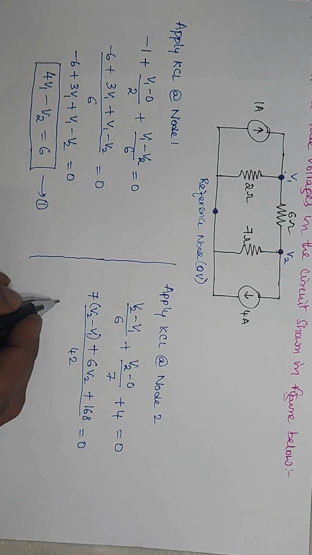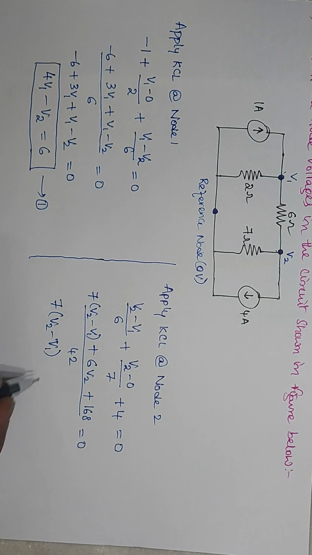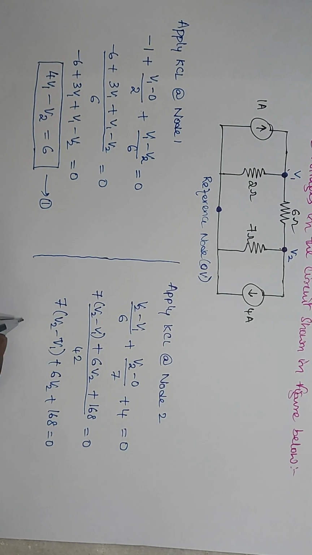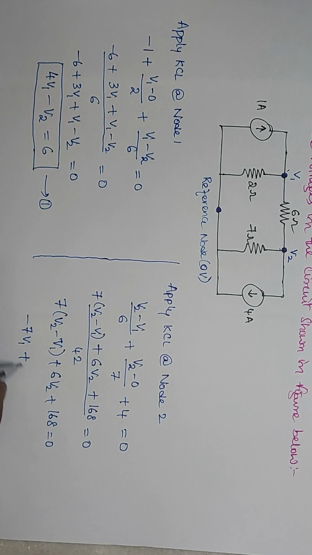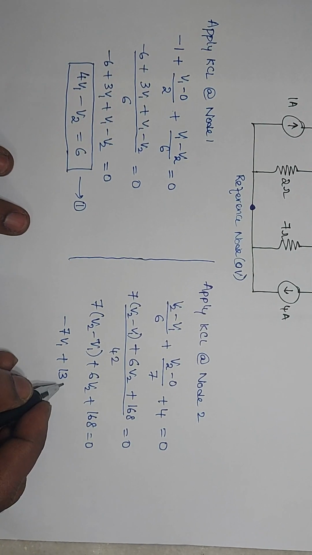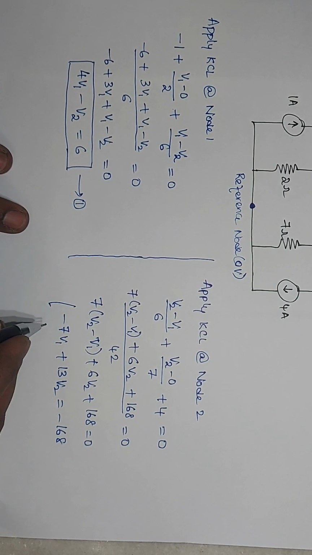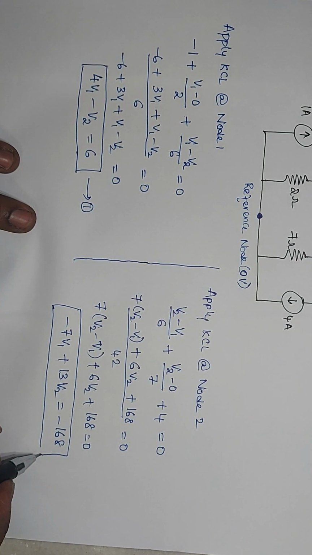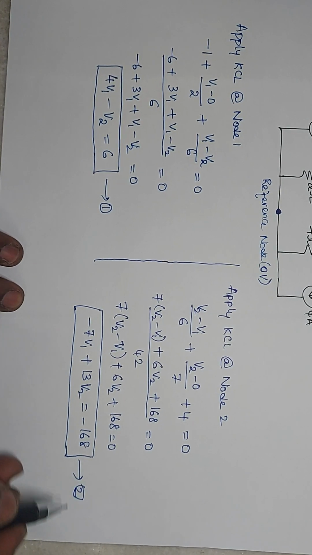After simplifying, 7 into V2 minus V1 plus 6V2 plus 168 equals 0. So now we get minus 7V1, plus 7V2 plus 6V2 is 13V2, which is equal to minus 168. This is the equation obtained from the second node, so this is the second equation.